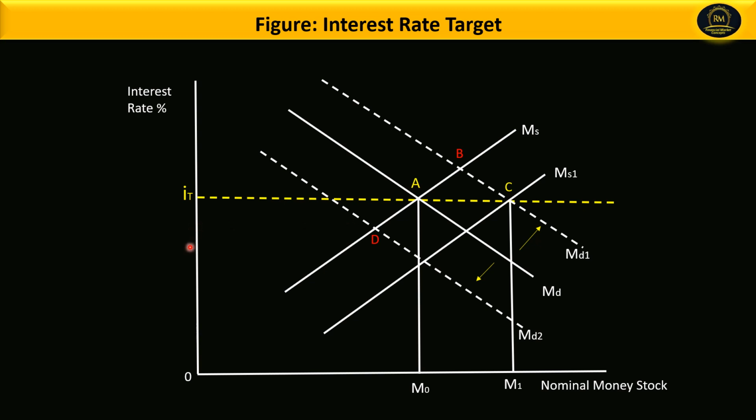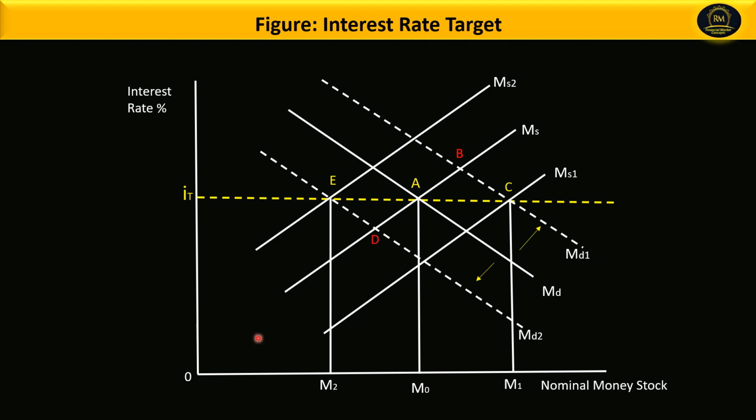So in order to again move to the target interest rate, the central bank will come in and take a policy decision to reduce the money supply. As a result, the money supply curve will shift from MS to MS2 and the equilibrium interest rate will again be attained at a new equilibrium of E. But at the new equilibrium, we can see that the money stock supply has fallen.